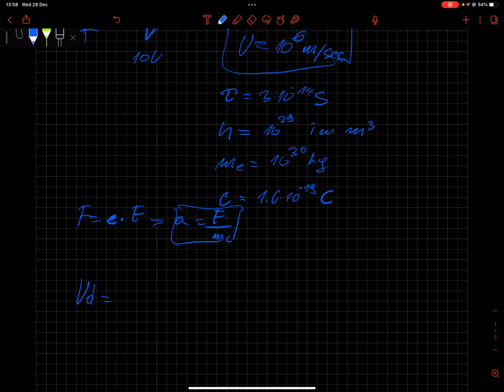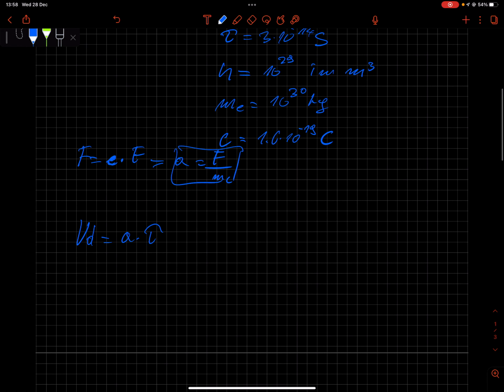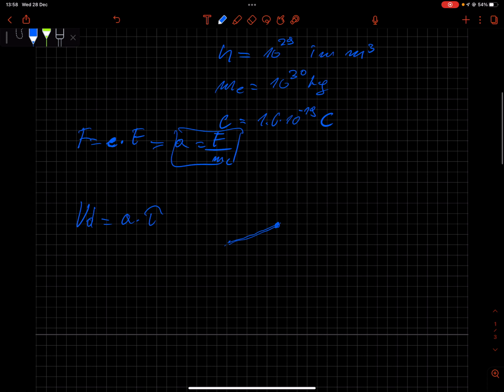We can write something like this. We have acceleration times tau, which is the time between collisions of free electrons. An electron will start moving, and then it will collide with another electron, and then it will stop. This is why we are calculating with the average time between collisions. So with the time and the acceleration, we have the speed, right? This is basic physics.